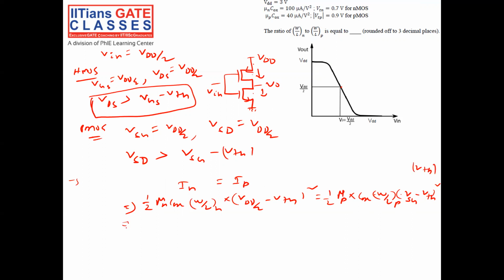Okay, so let's put the values. Half mu n COX is 100 microampere per volt square into W by L N into VDD by 2, which is 3 volt by 2, minus VTH, which is 0.7, is equal to half mu P, which is 40 into 10 power minus 6, mu P COX is given, into W by L P into 3 by 2 minus VTHP mod, which is 0.9, volt square.